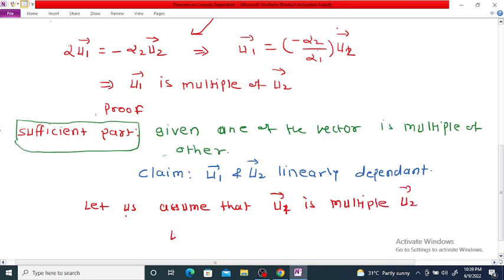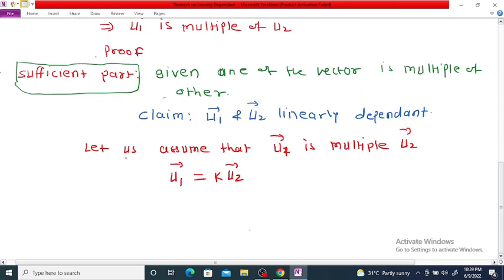That is u1 bar is equal to k times u2 bar. Okay, so we can write this as u1 bar minus k times u2 bar is equal to 0 bar.